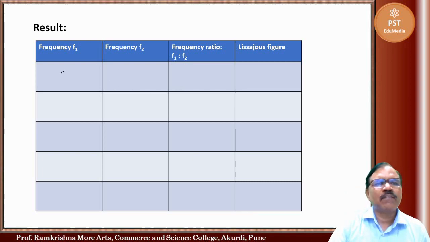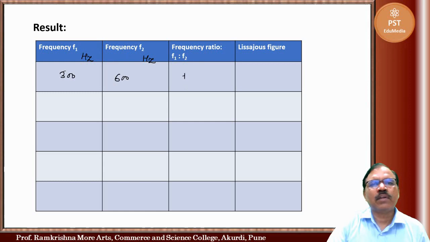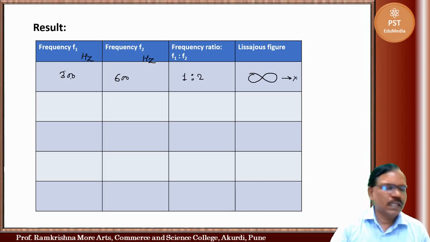So for 300 Hertz and 600 Hertz, here frequency is in Hertz, the frequency ratio f1 upon f2 is 1:2, and I got a Lissajous figure like this, that is along the x-axis.